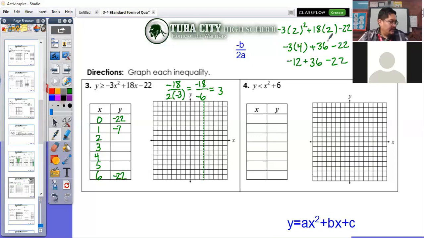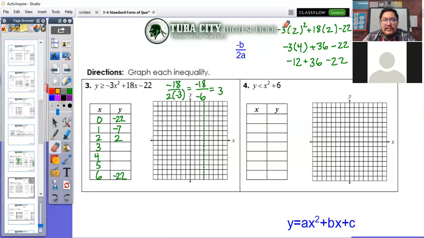And if you want to, you can use a calculator on this one. Well, you probably don't need it. So 22 and 12, if I put those together, I'd get 34. So that'd be 36 minus 34. 36 minus 34 would be 2.